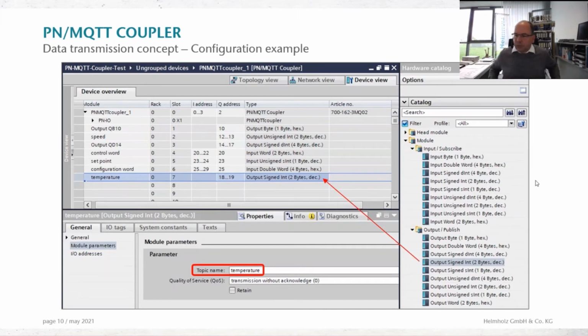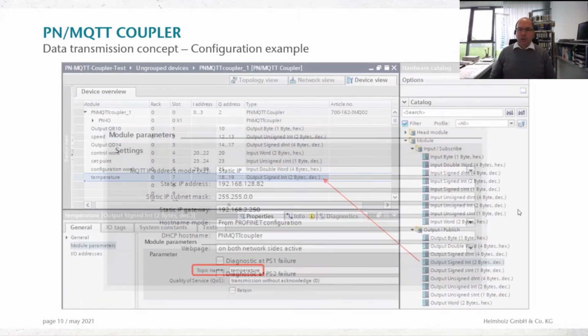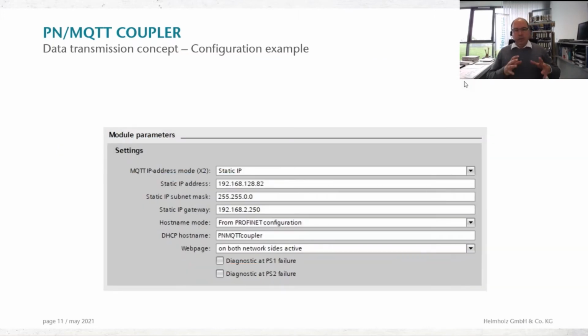Okay, so it's totally easy to configure. And one more thing you have to configure: the PROFINET side is already configured by the PROFINET name and the IP address in the PROFINET network.